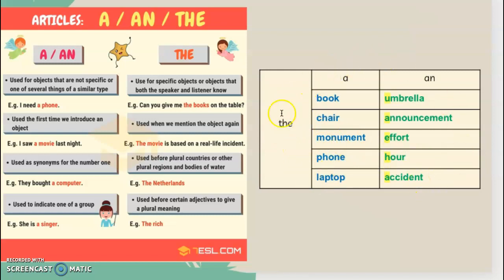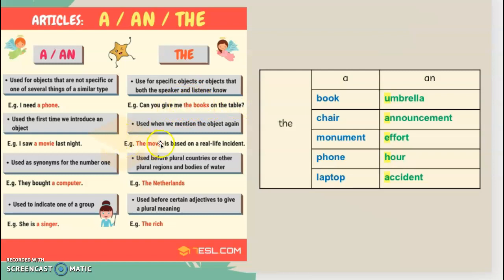So we can use "the" basically for all nouns, but only if it is specific. For example, "Can you give me the book on the table?" That means the person is referring to the only book left on the table, not any book in this world. So it is very specific. Which book? The book on the table. That's why we use "the book." We don't use "a book" or "an book."